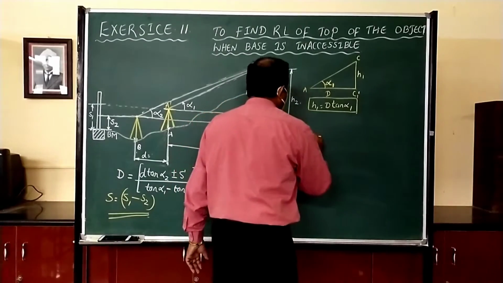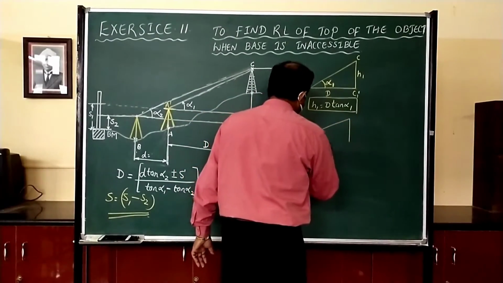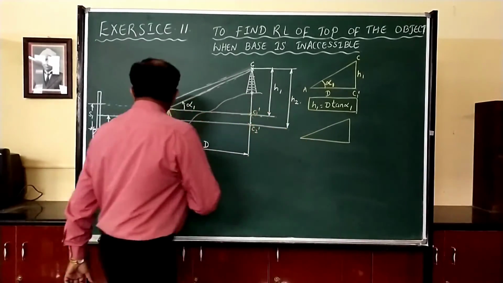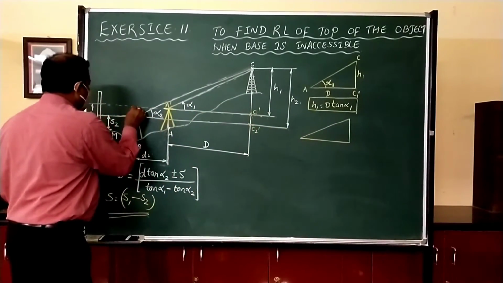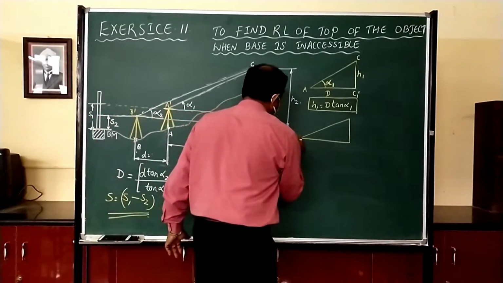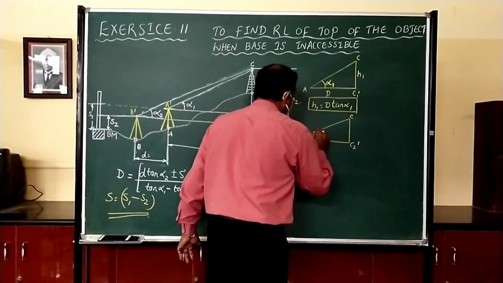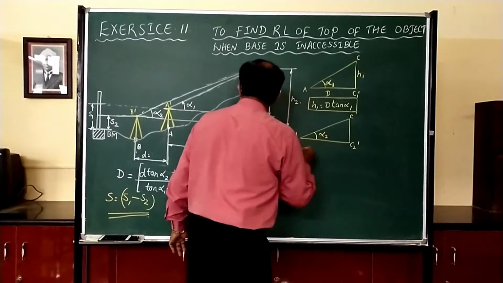Now consider another triangle, B dash, C, C2 dash. This angle will be alpha 2.